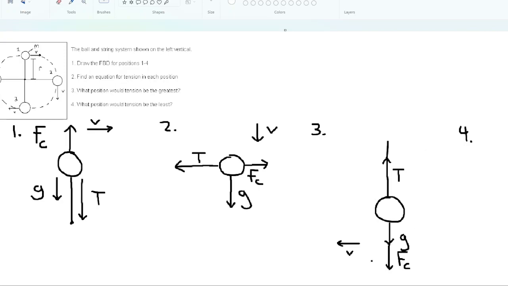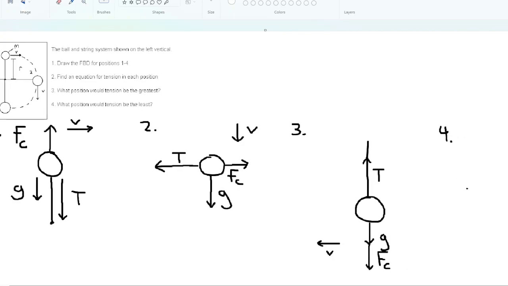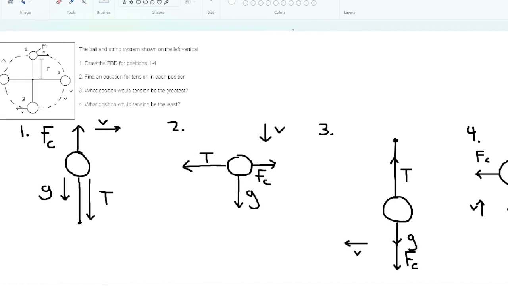And lastly, but not leastly, if that's a word, position 4, which has the velocity going this way. We have gravity, we have tension, and we have centrifugal force. Okay, these are the free body diagrams for each one of them.